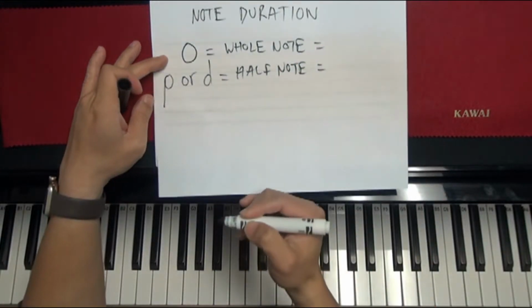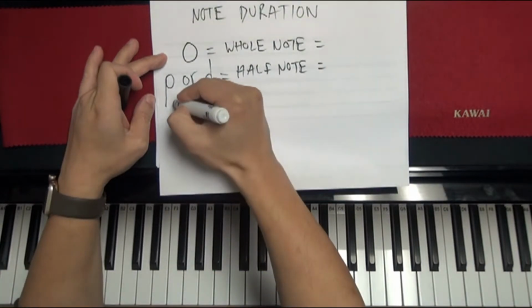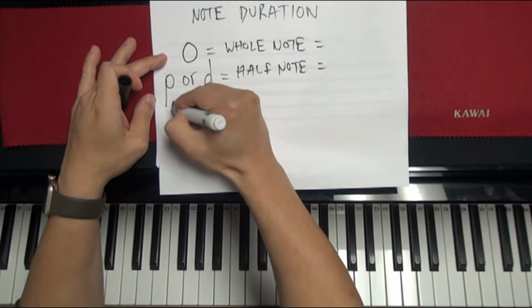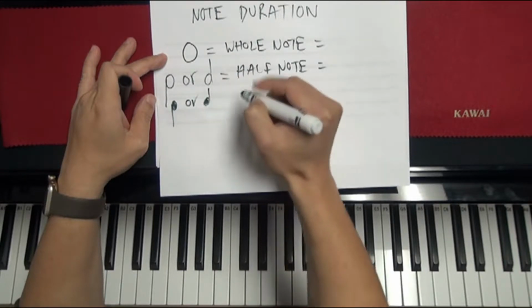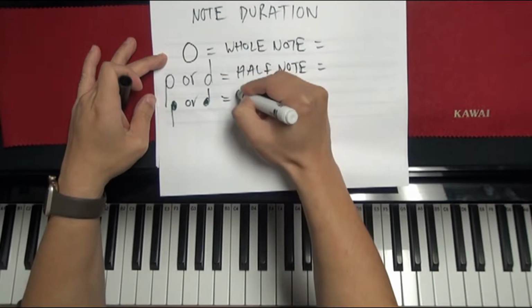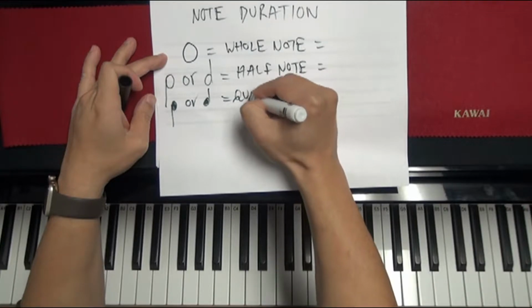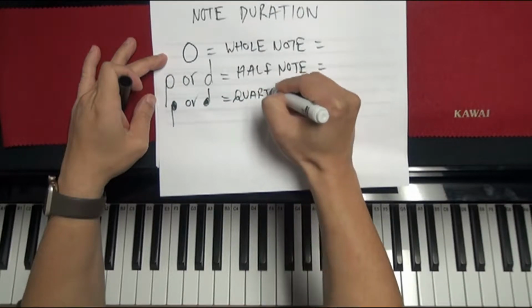And then if you take this half note and you darken it, that will be a quarter note.